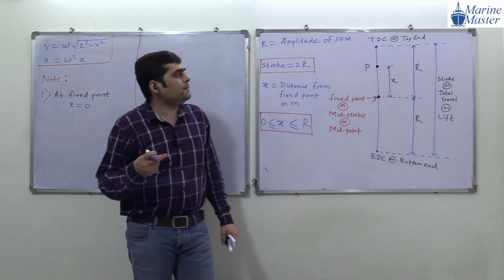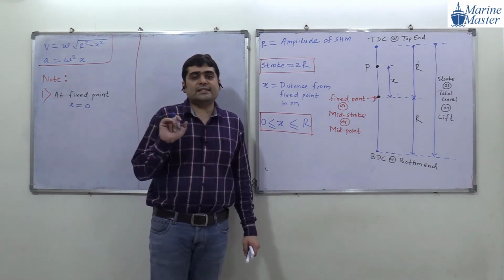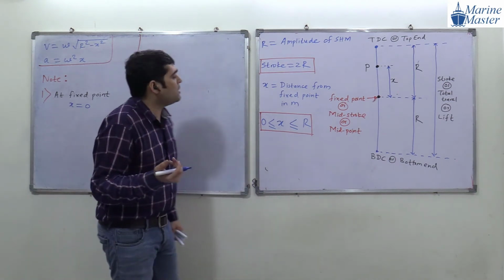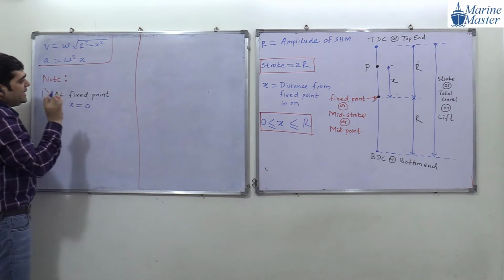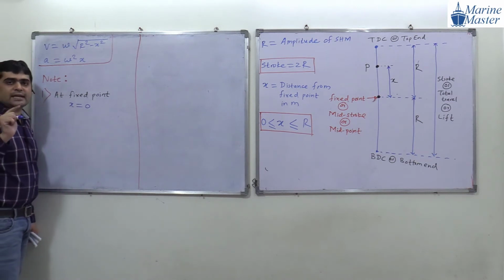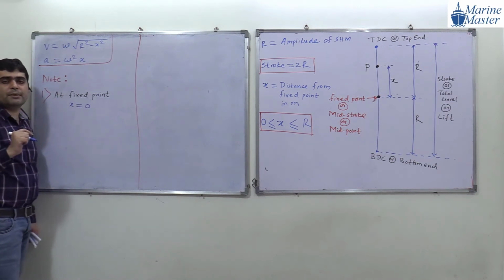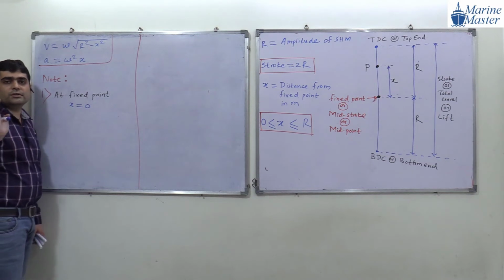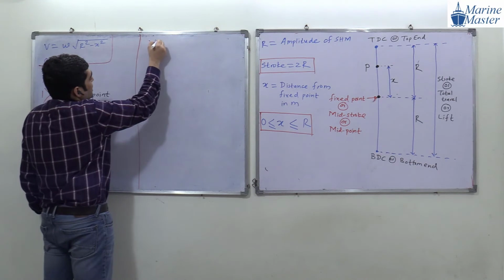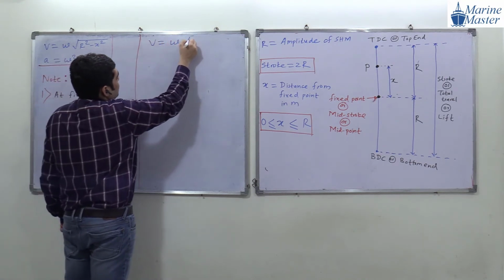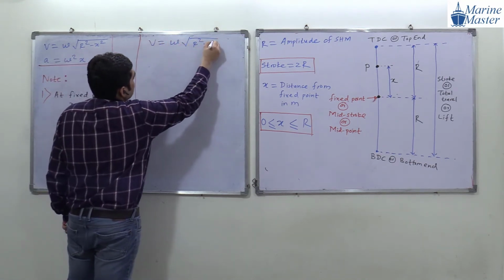Now the next point. So x is equal to 0. What will velocity become when x is equal to 0? Here I am going to write down this relation: V is equal to omega under root of r square minus 0 square.